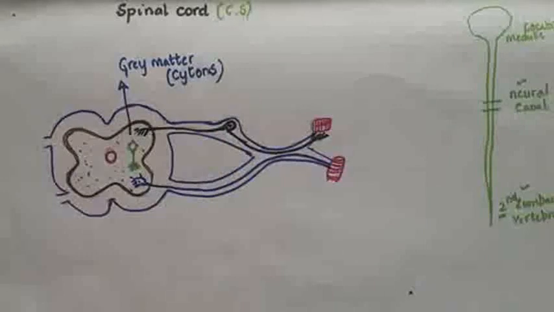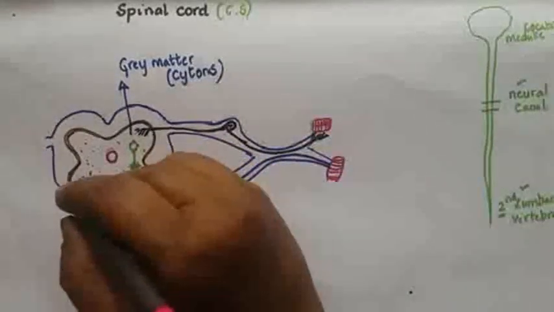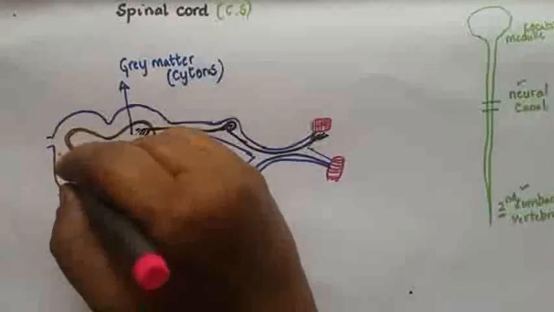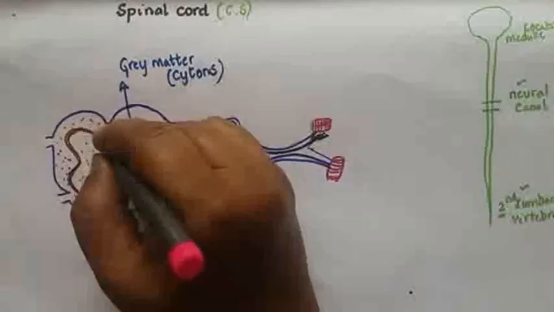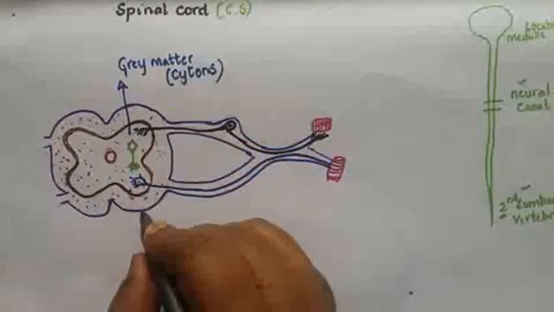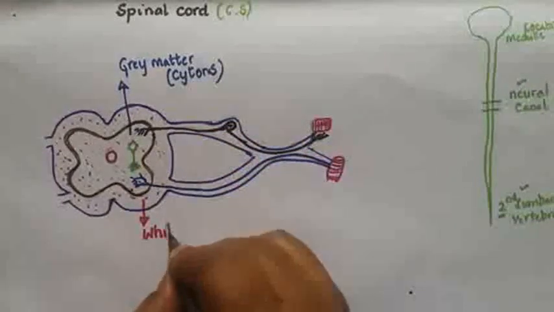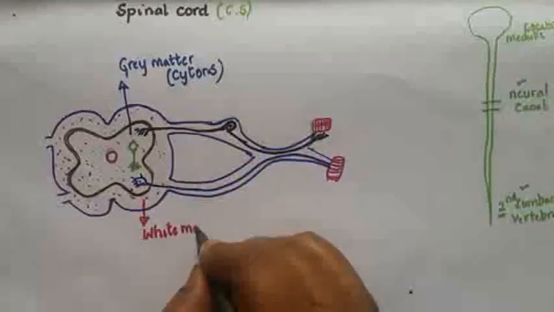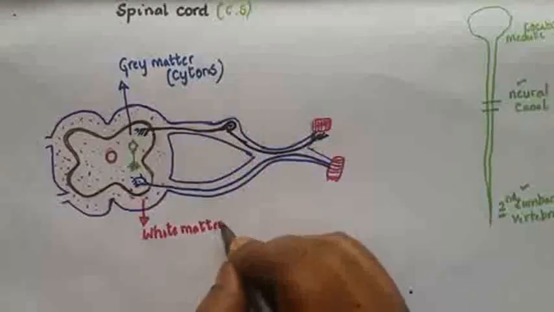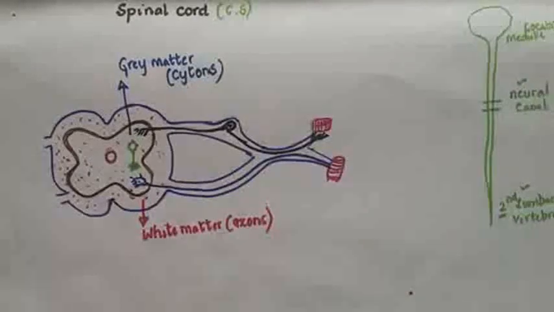Then outside this region, what I am representing with the pink dots is the outer region, and this is a region where we find the white matter, and in the white matter we find the axons of the neurons.